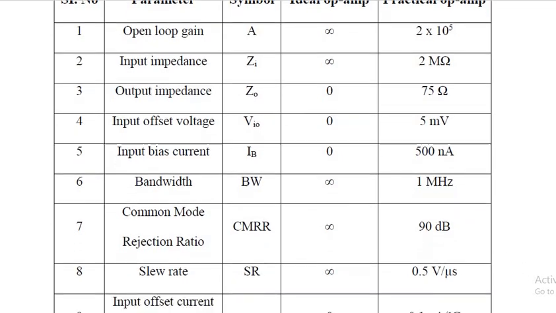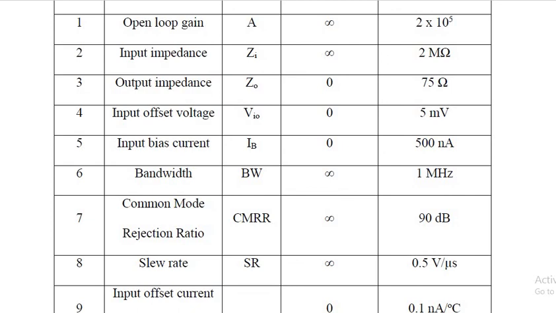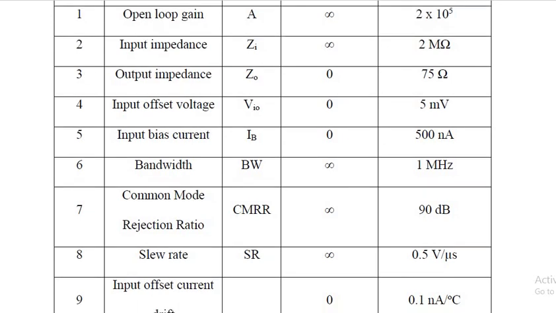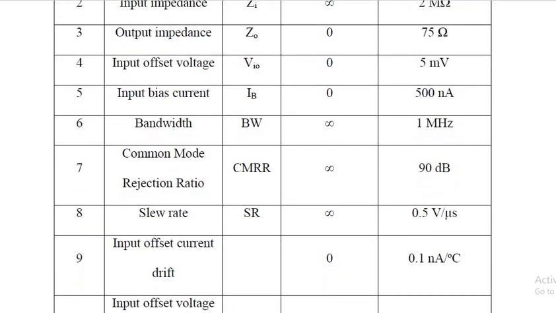Common mode rejection ratio, symbol CMRR. Infinite for ideal and 90 decibel for practical op-amp. Slew rate, symbol SR. Infinite for ideal and 0.5 volt per microsecond for practical op-amp.